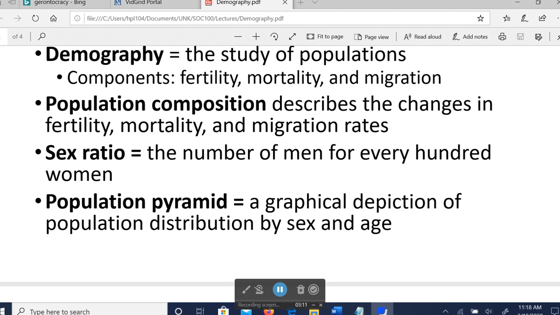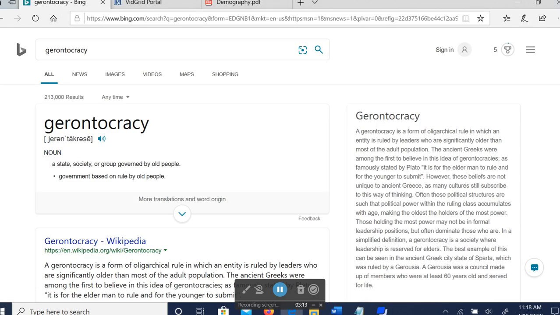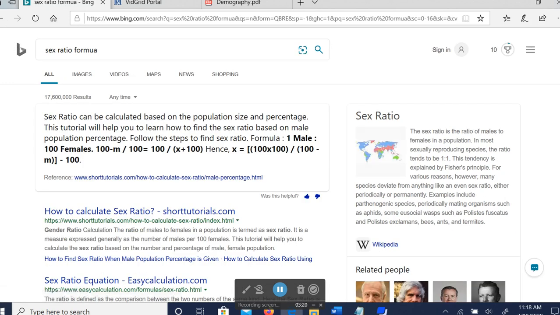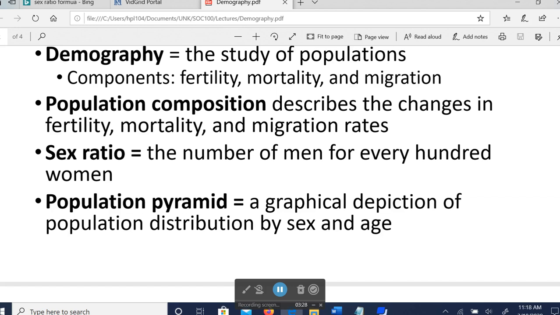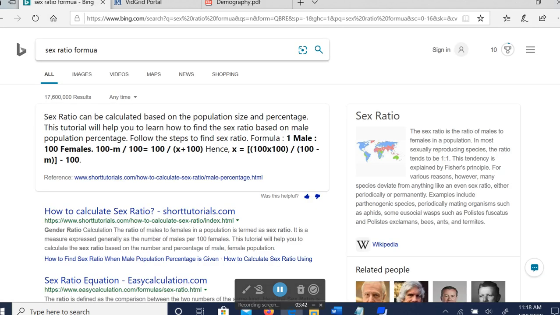Let's see if we can find the formula for sex ratio. Yeah, here is the formula for sex ratio. It's just the number of men to every 100 women. And sometimes they just say how many men to a woman in a given location.